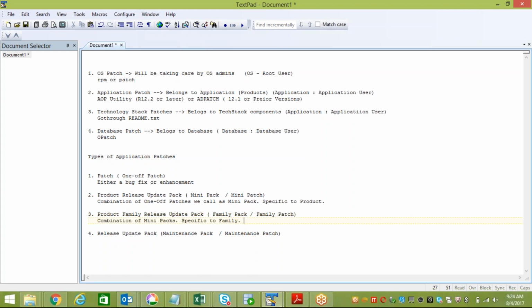So when they make a family pack, they club the financial-related mini packs together and make a family pack. Manufacturing-related mini packs they club together and make one family pack. They won't club a manufacturing mini pack and a financial mini pack; they are totally specific to the family. And this is a combination of family packs.